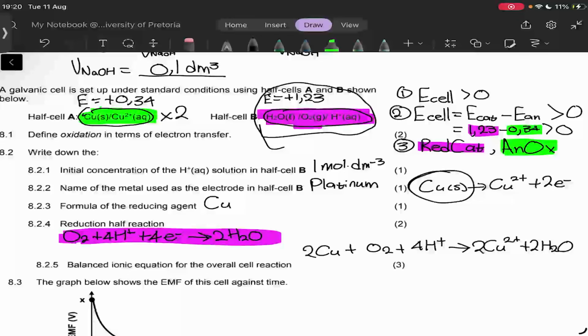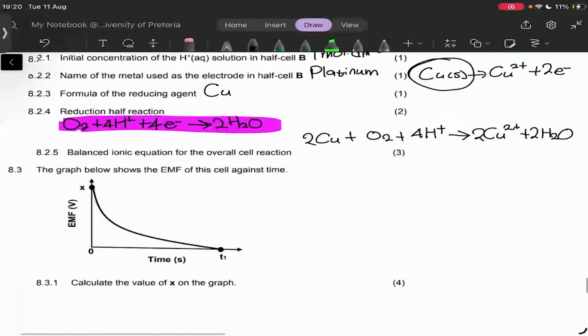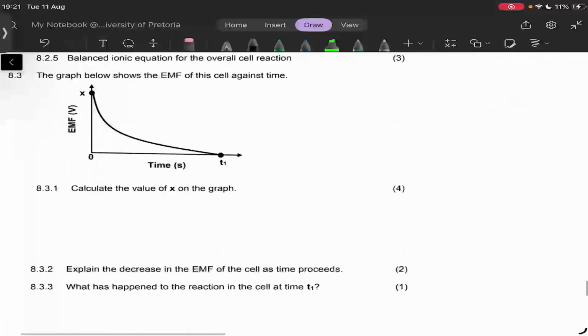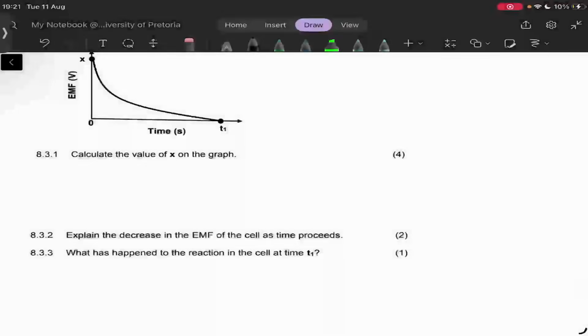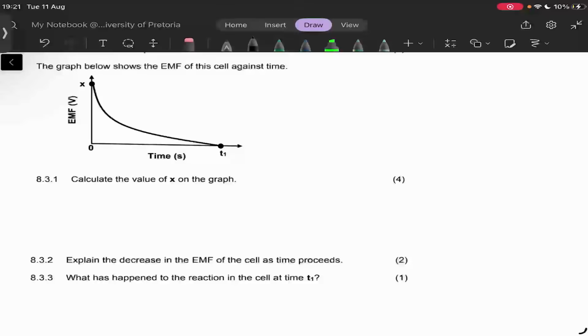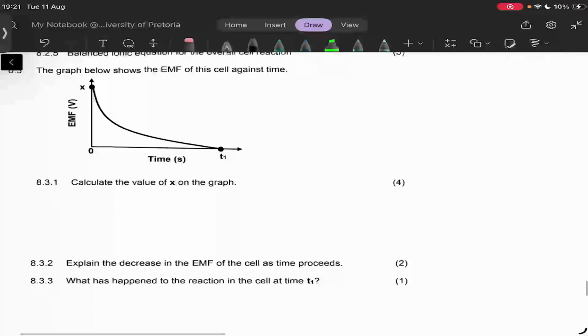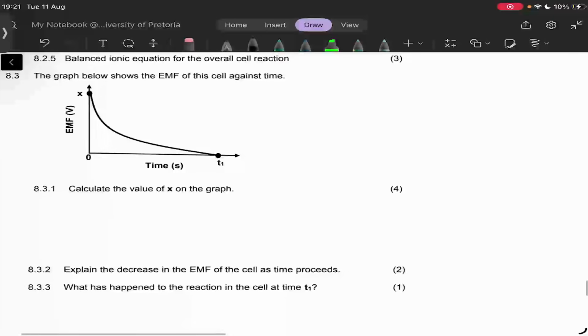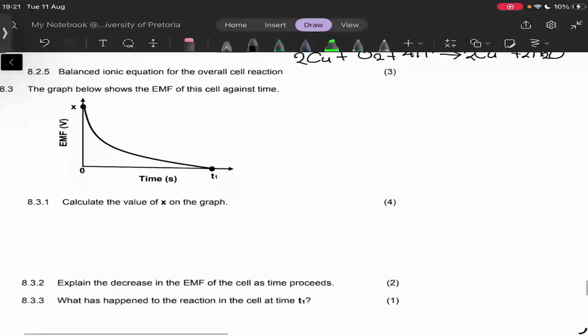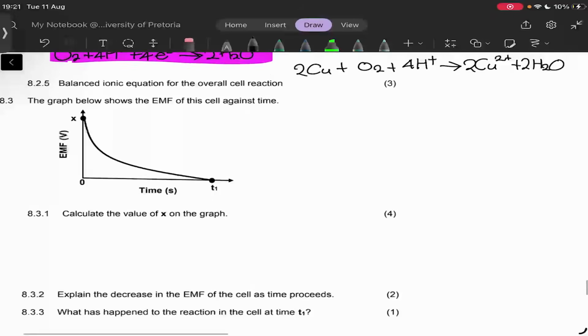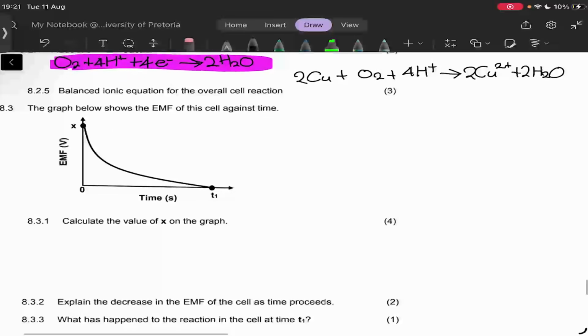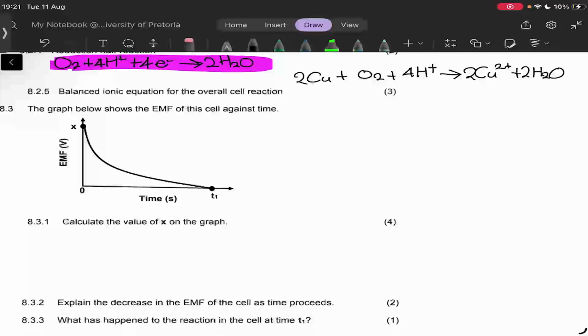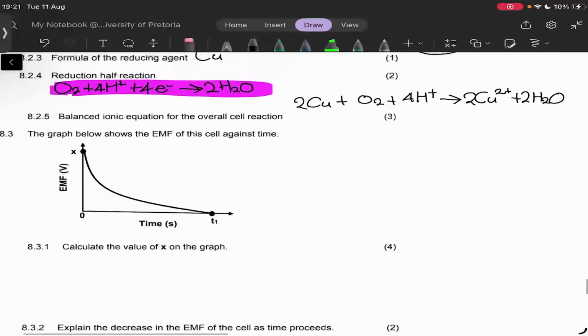Let's carry onwards. Let's move on to 8.3. Here we're told that the graph shows the EMF of the cell against time. Let's calculate the value of X. The value of X is the EMF.